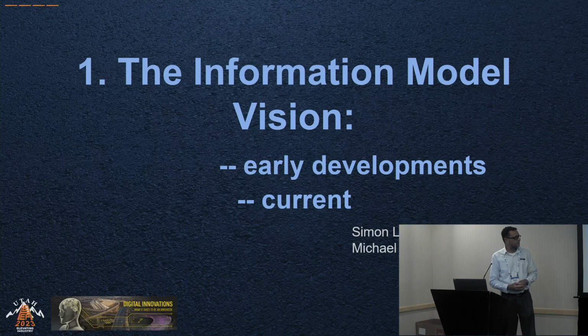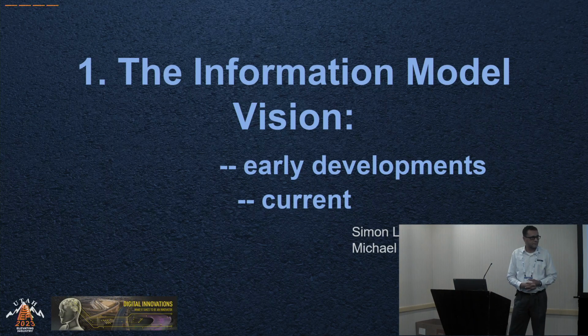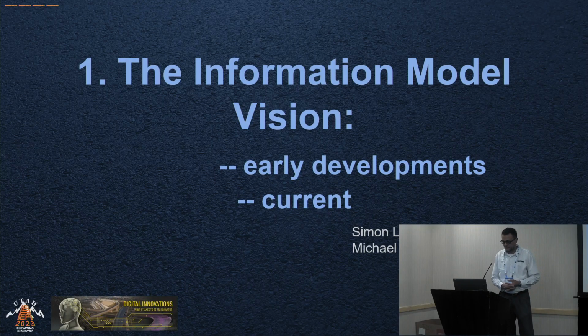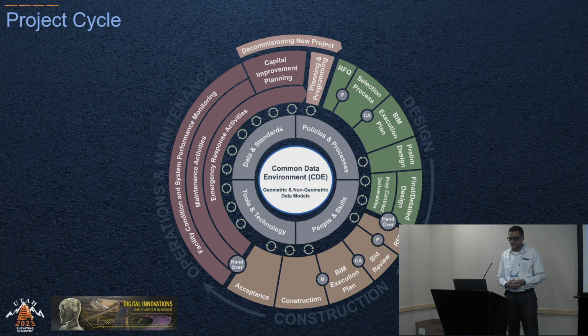So topic number 1, we thought we'd start with the vision. And this conference has laid out a lot of the vision, so we needn't go into it too much here, but we'll just highlight some aspects of it. You've probably seen this diagram many times at this conference. It's from the Federal Highways BIM manual, but the basic idea of collecting data once and then reusing that throughout the life cycle.